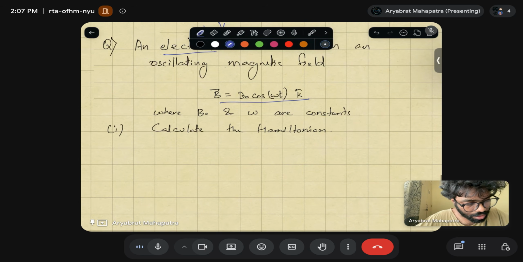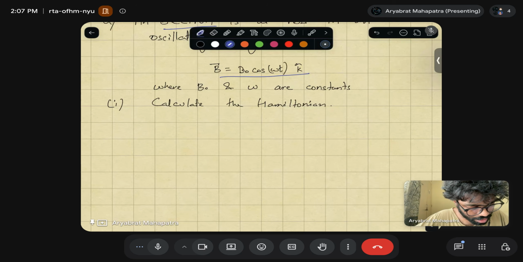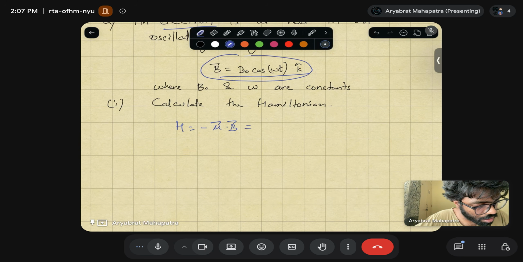So again what we've been doing from the beginning, that is what we have to do here. That is minus mu dot b, the expression of the Hamiltonian for the spin of a particle in this external magnetic field.